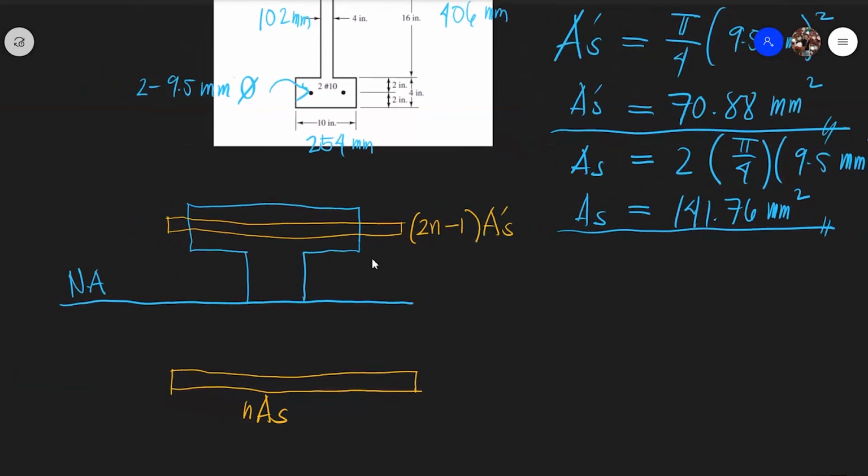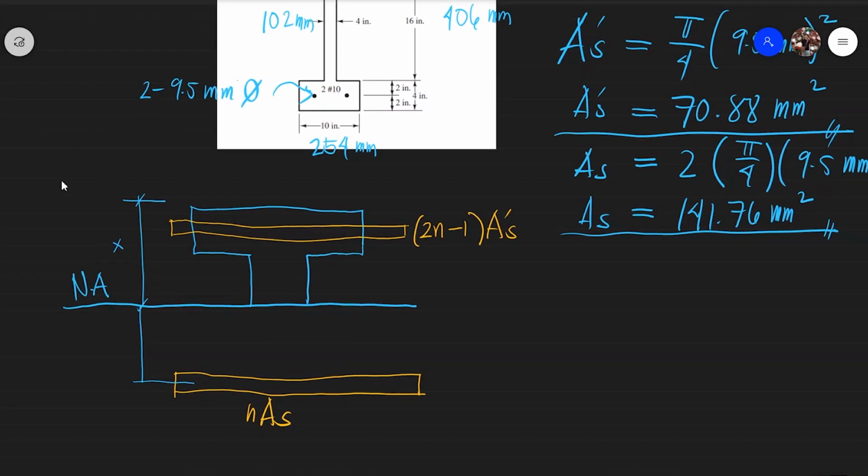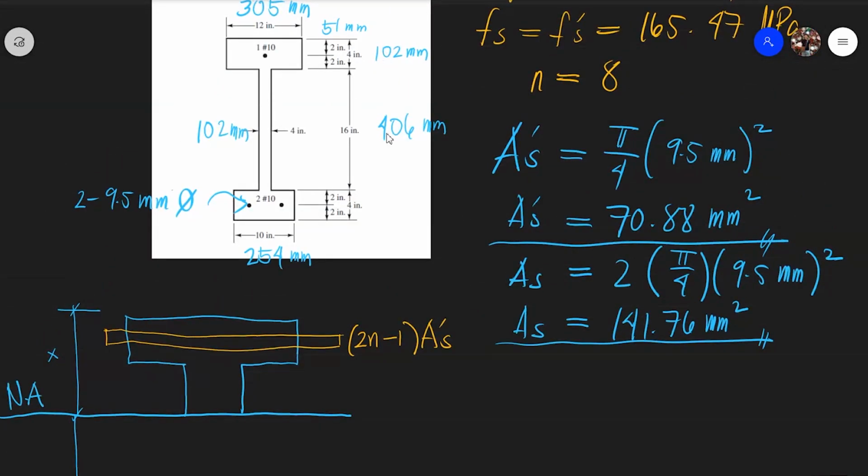Your x, of course, is the distance from the extreme fiber of the compression block to the neutral axis. Now the effective depth is given: 102 plus 406 plus 2 inches. Your 2 inches is equal to 51 mm.